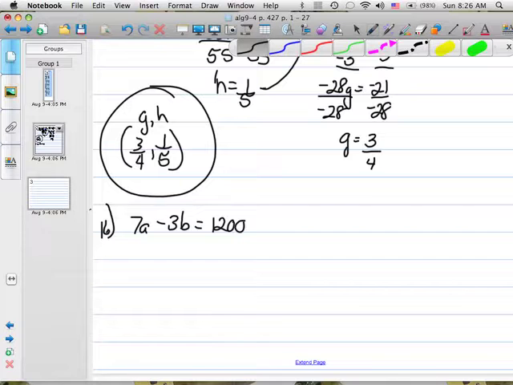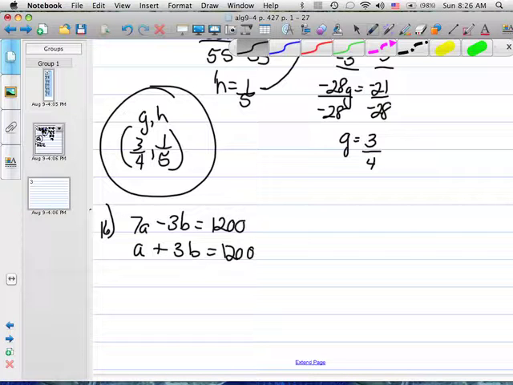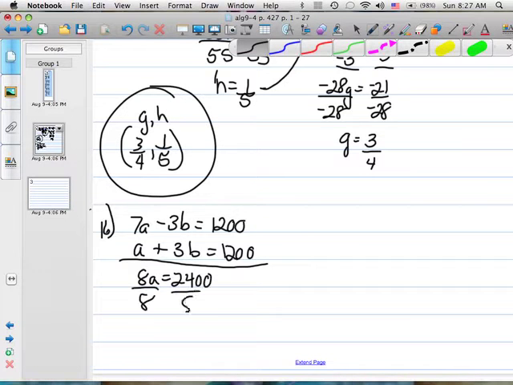And the second equation, moving the decimal over 2 places, would give me a plus 3b equals 1,200. Since the 3's are opposite, just add, and we get 8a equals 2,400. Divide by 8, and a equals 300.